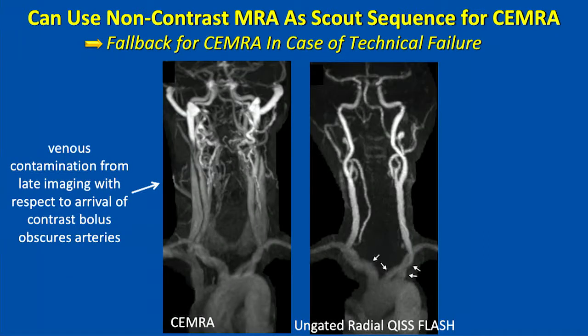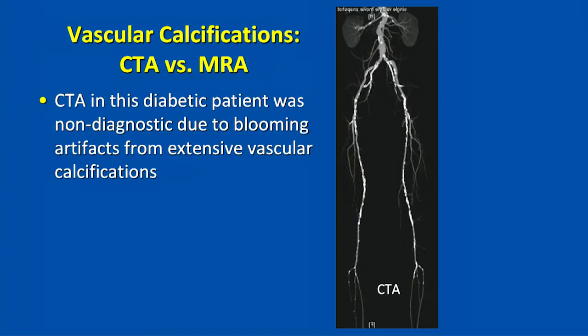This is another example in the neurocirculation, where we saw considerable venous contamination from late imaging with respect to the first passage of the contrast bolus, whereas we can use a non-contrast MRA exam, for example as a scout to see the anatomy as well as a fallback exam.